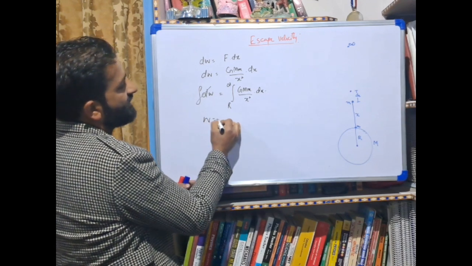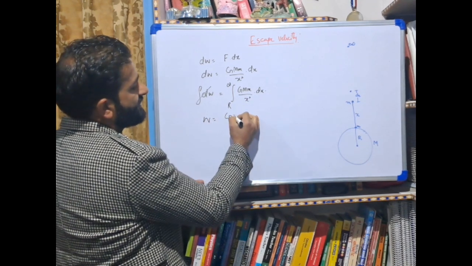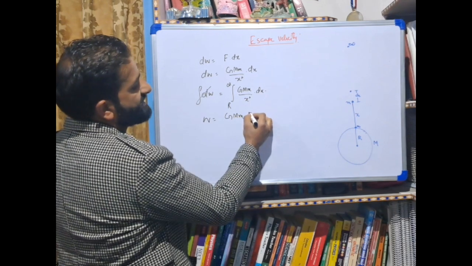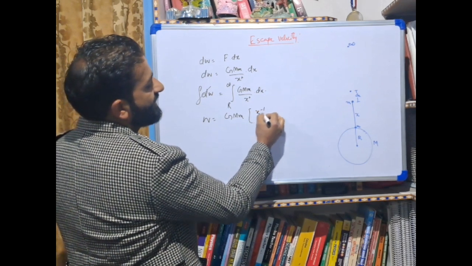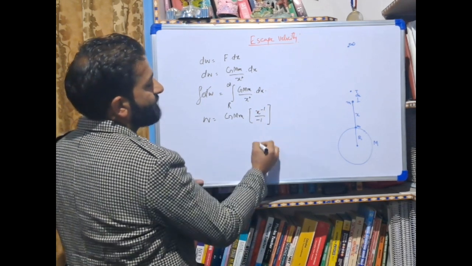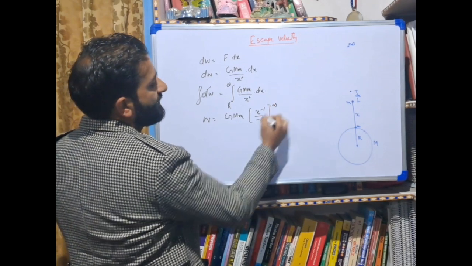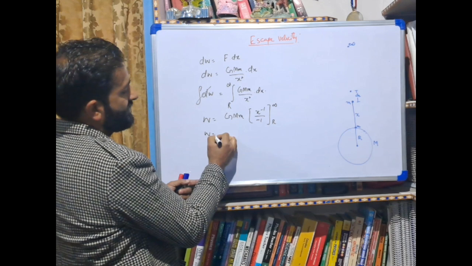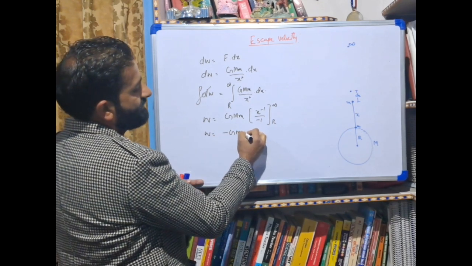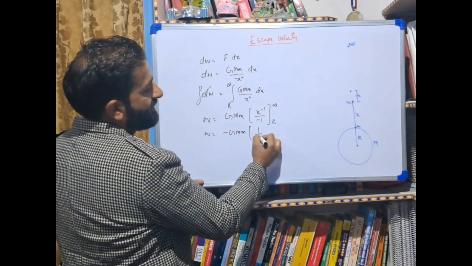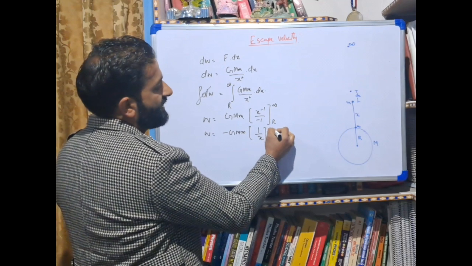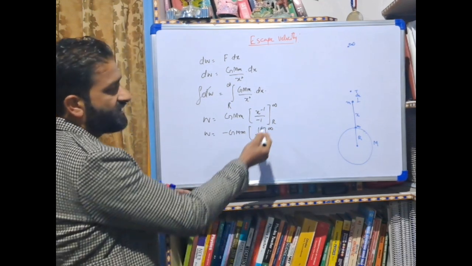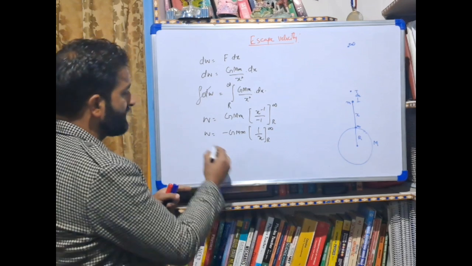Work is GMm, which is constant, integration of x raised to the power minus 2 is x raised to the power minus 1 divided by minus 1, from R to infinity. Taking the minus out, that is minus GMm times 1 by x from R to infinity, giving the limits, first the upper limit, then the lower limit.